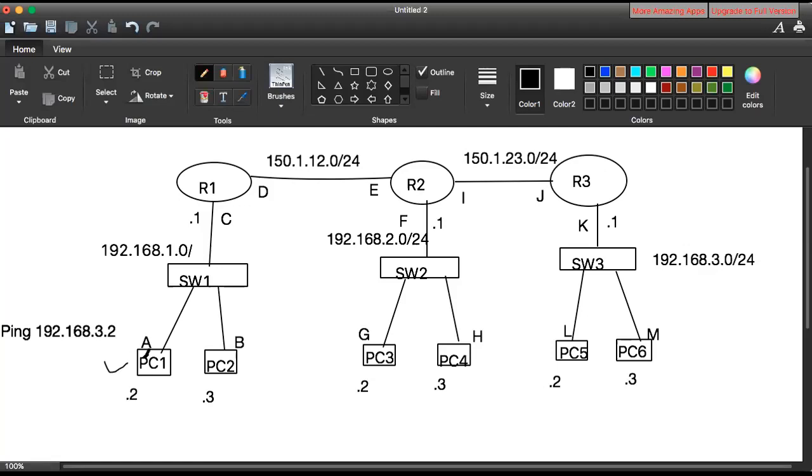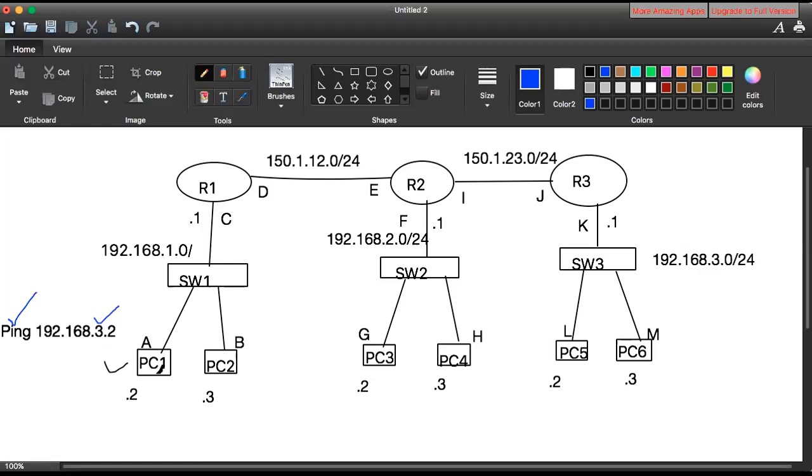I'm not going to make a note of each and everything, but what I would say is, the moment you enter here, this PC, at the processor level, is going to recognize what this command is. Okay, ping.